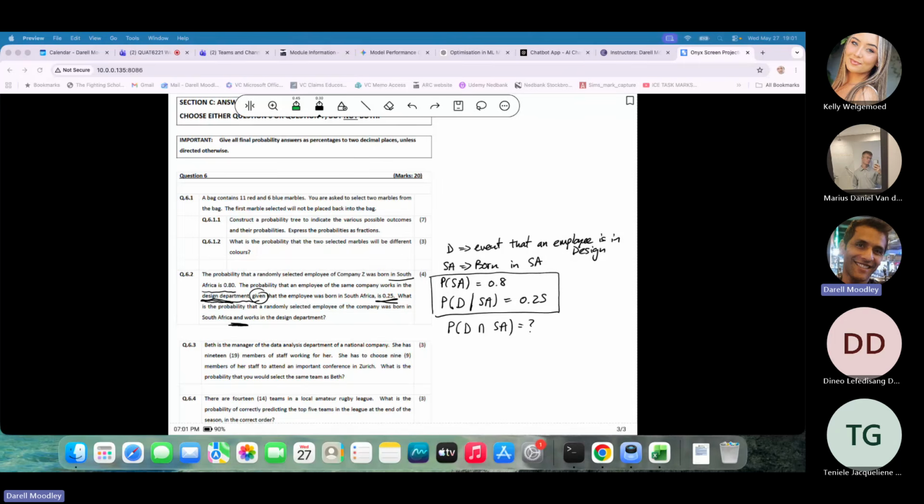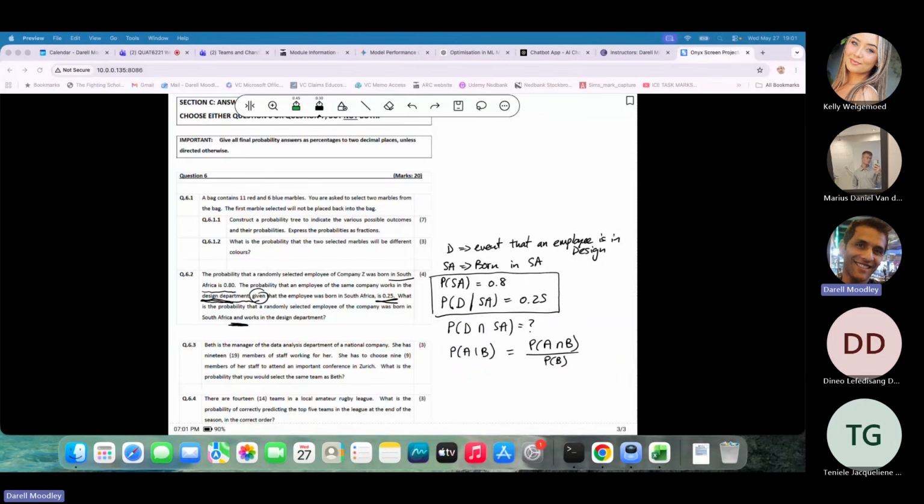Now we can relate these three terms using our conditional probability formula. In your formula sheet, you have this formula here. Probability of A given B is equal to the probability of A and B all over probability of B. Now, instead of A and B, we have D and SA, which is the same thing.